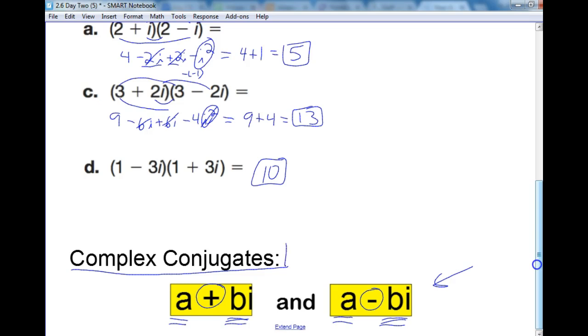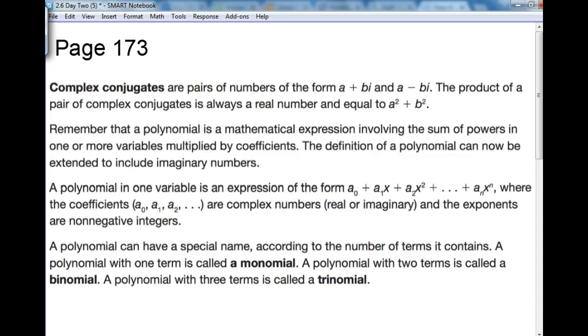We use complex conjugates. What also did you notice coming into this next slide? When you multiplied those complex conjugates, what did you notice? You noticed their product was always a real number.